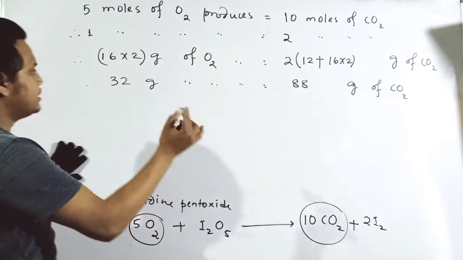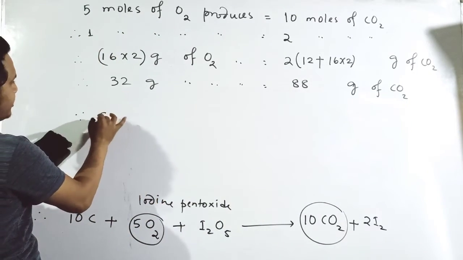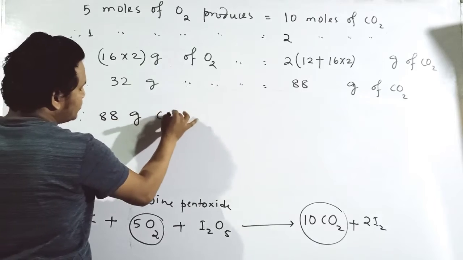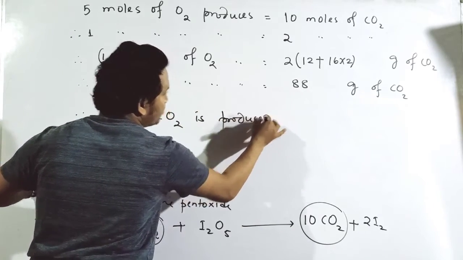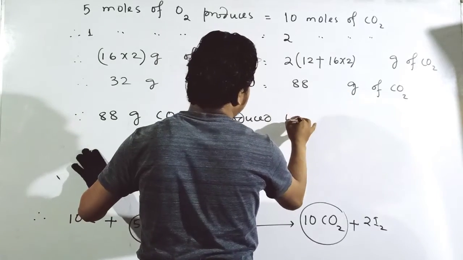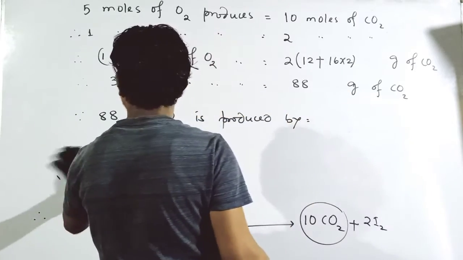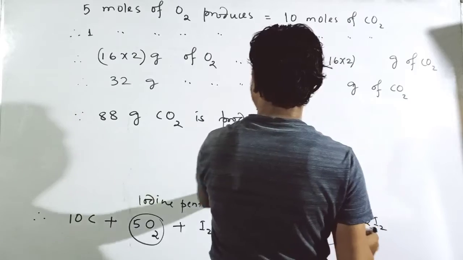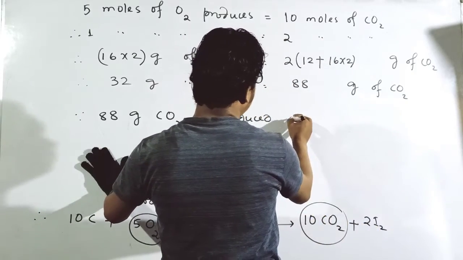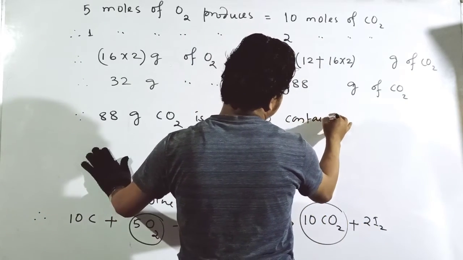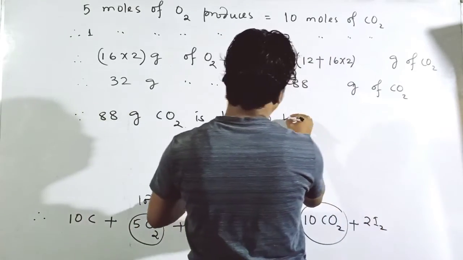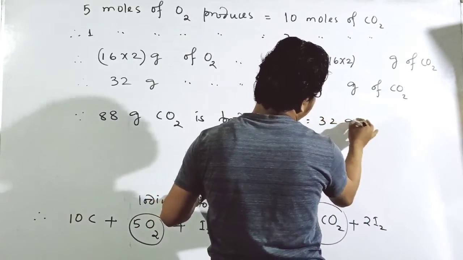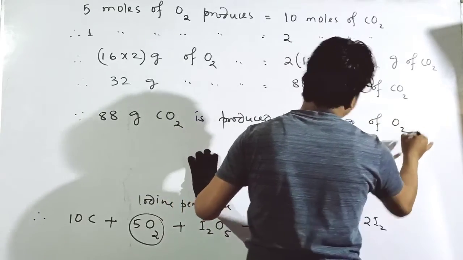Now we can say that 88 gram CO2 is produced by 32 gram of O2.